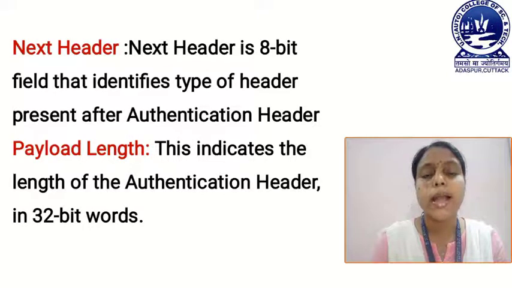Next field is payload length, and this indicates the length of the authentication header in 32-bit words. That means the payload length means the authentication header length, but it is represented in 32-bit words.